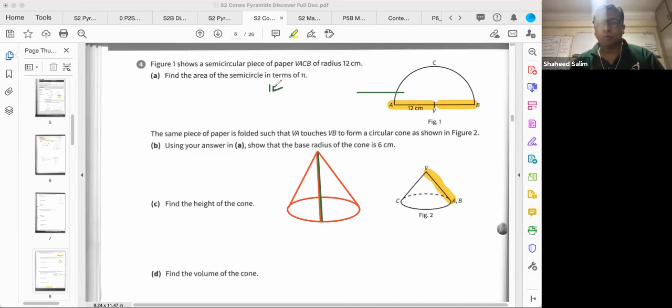So it's 144 over 2, then you have pi. So 144 divided by 2, you get 72 pi. So use this as the area. Later you can cancel the pi when you make an equation with the pi r L, with the curved surface area formula.